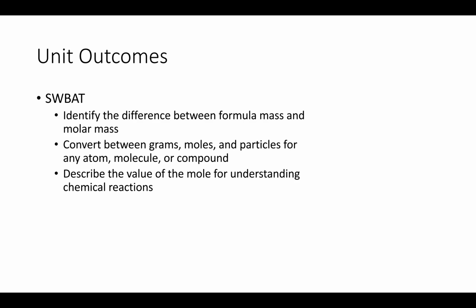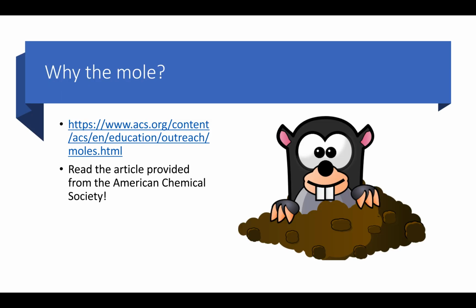You will also be able to describe the value of the mole for understanding chemical reactions, okay? So the mole is a very important unit that chemists use to visualize very, very tiny atomic interactions. You will figure out why we use the mole pretty soon. So those are our objectives, or our SWABAT. All right, not SWAMBAT, SWABAT.